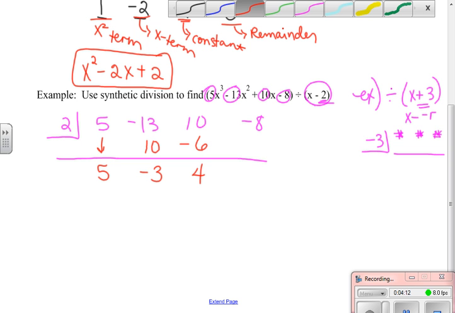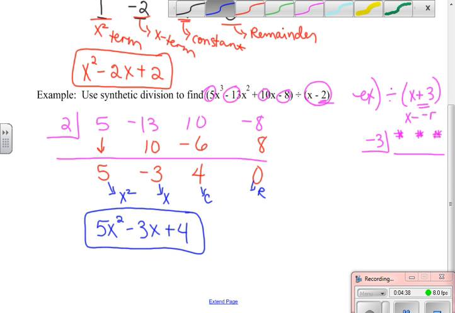Add is 4. 2 times 4 is 8. Add, you get 0. So what do I have? If this is my remainder, this is my constant, here's my x, here's my x squared. I have 5x squared minus 3x plus 4 as my answer.